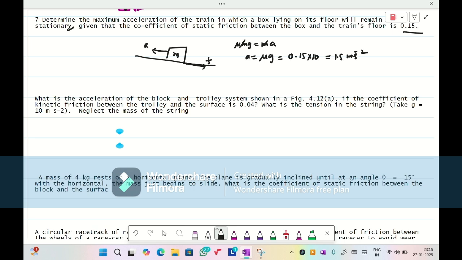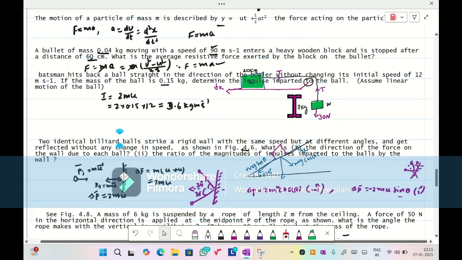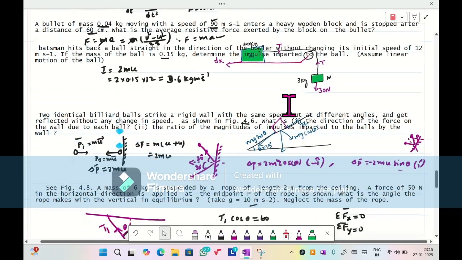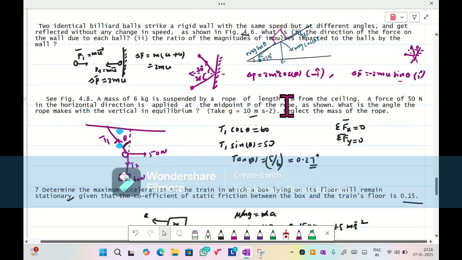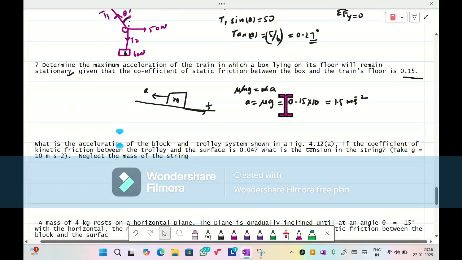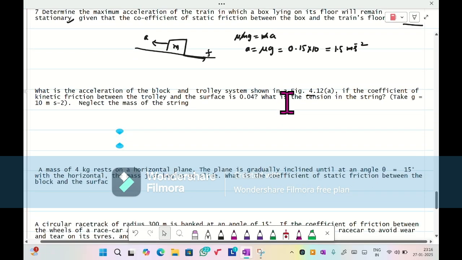Right. Now, what is the acceleration of the block and trolley system shown in the figure 4.12a? Here there is a trolley system in this diagram, with 20 kg and 3 kg, and 3 kg means 30 newtons. The coefficient of kinetic friction between the trolley and the surface is 0.04.